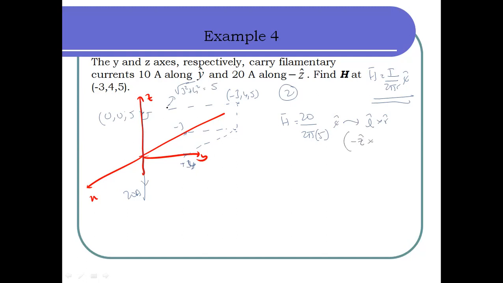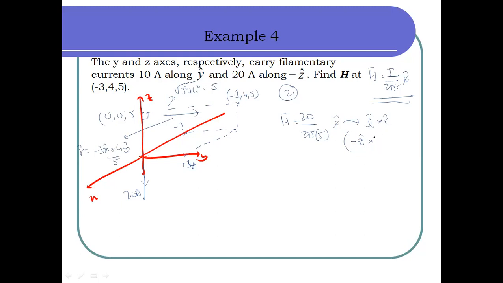Whereas for R, it is the unit vector from 0, 0, 5 to negative 3, 4, 5. So the unit vector of R should be negative 3 x plus 4 y, divided by 5.